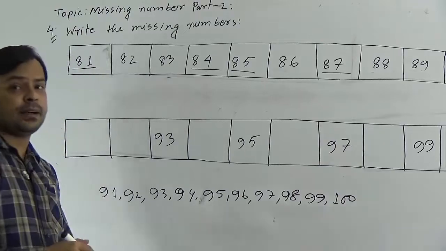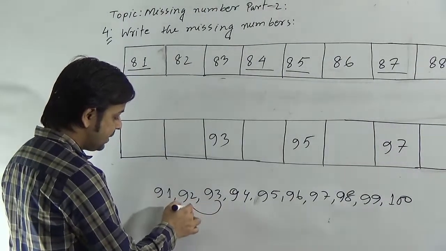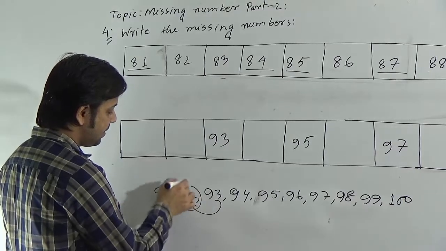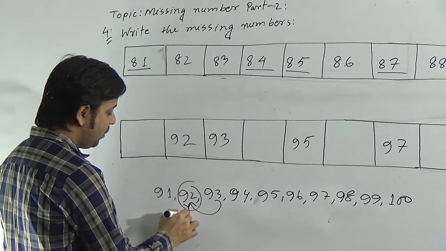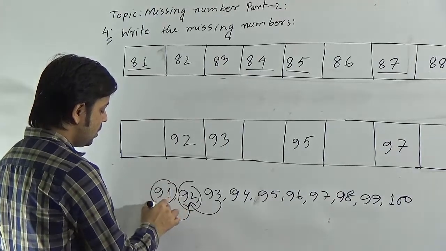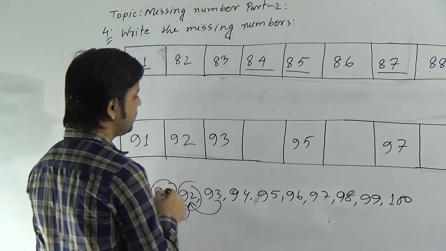You know these 10 numbers. Here before 93 is 92, so we can write 92 in this gap. Before 92 you will see 91 in the gap.